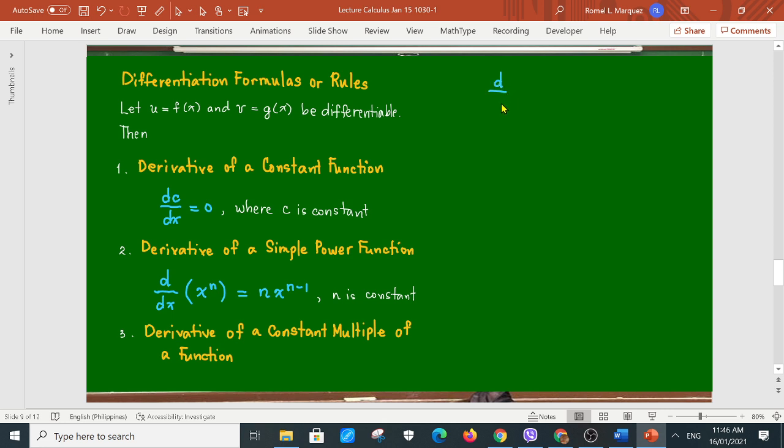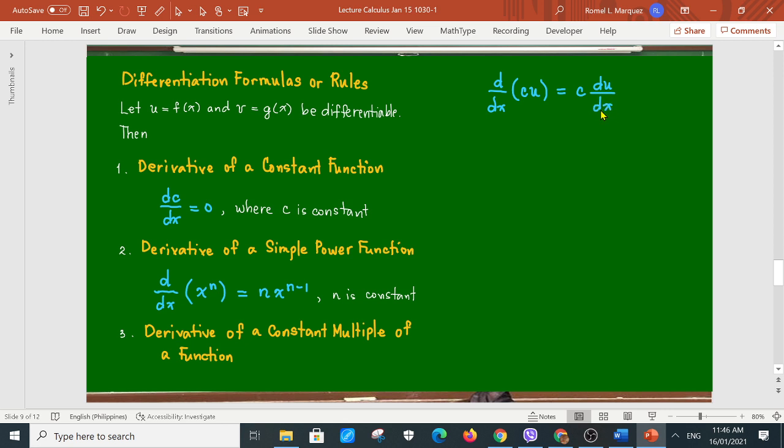The derivative with respect to x of a constant multiplied by a function, let's say that is u, where u is of course f of x, is equal to the constant times the derivative of u with respect to x.